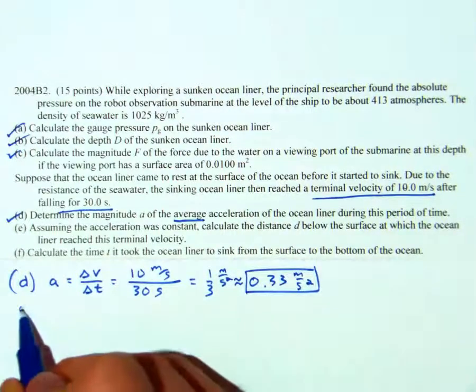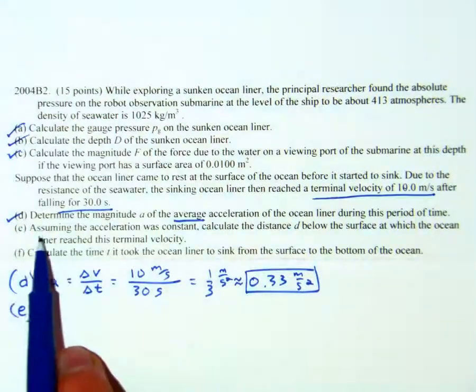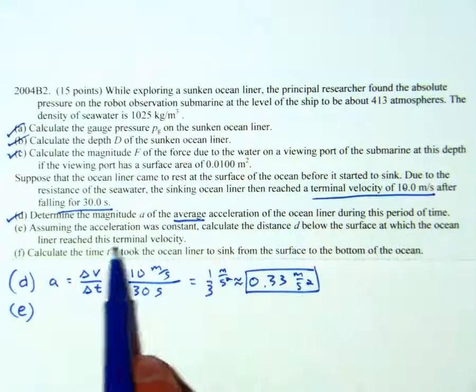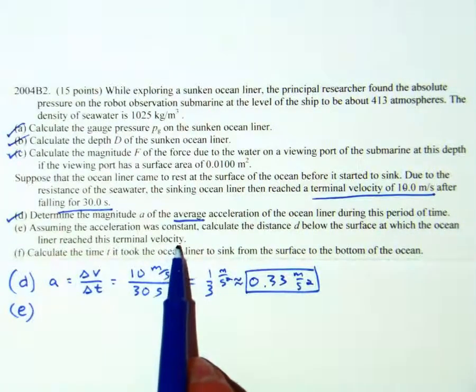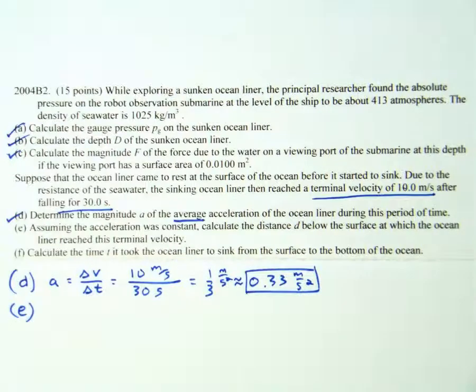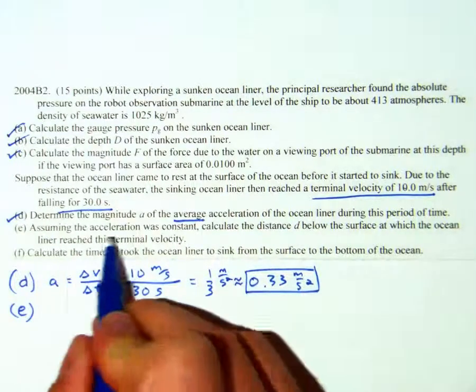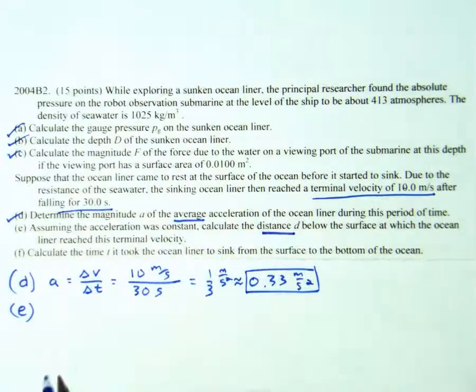For part E, it says, assuming the acceleration was constant, calculate the distance below the surface at which the ocean liner reached this terminal velocity. Well, not too bad. Same thing, except now I've got my acceleration. Determine the distance below the surface.